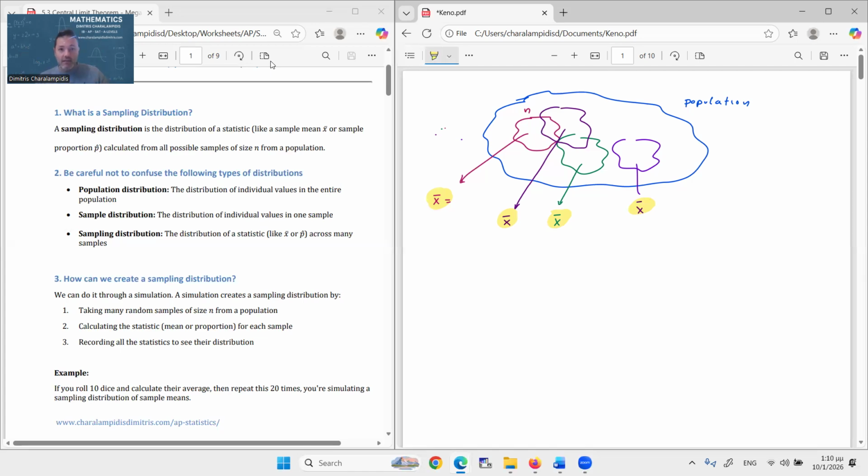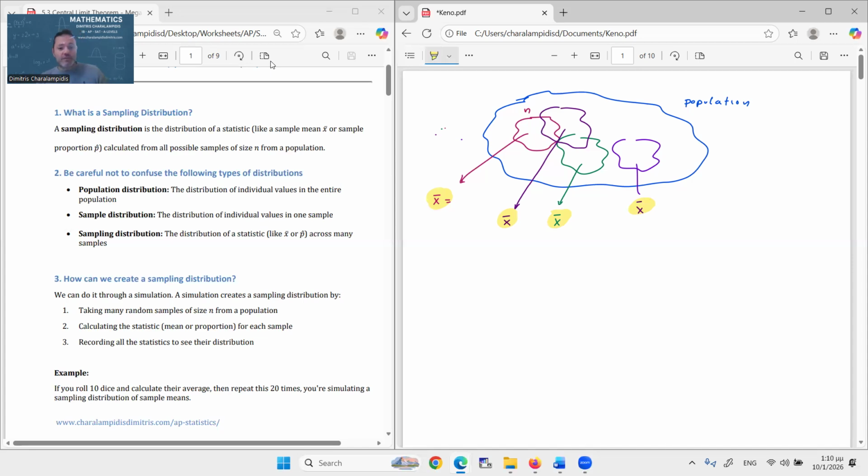And that idea of the sampling distribution, allow me to say, is the foundation for understanding variability. We will explain that in one of the following videos. We can explain variability through the sampling distribution. We could also explain standard error, which we will see later on as well, confidence intervals, and hypothesis testing.